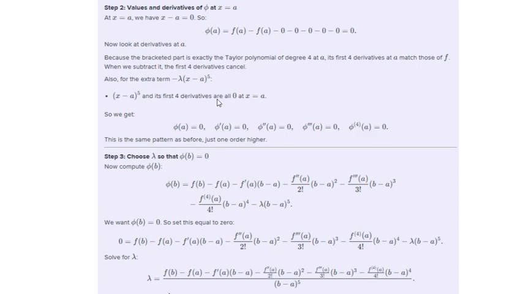We have to choose lambda in such a way that phi of b is equal to 0. If you choose lambda like this, you get phi of a equal to phi of b, and phi of x is continuous in the closed interval a comma b. Applying Rolle's theorem, you can get phi dash of c1 is equal to 0.